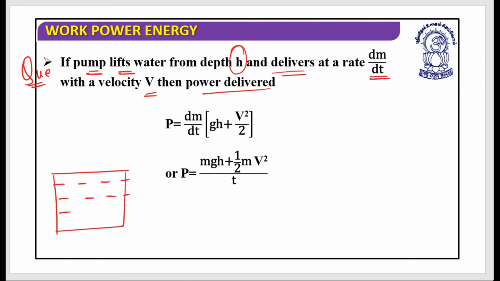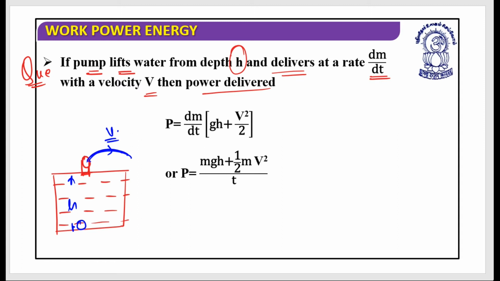This is the water. We have set up a certain power cable, and this is used to bring this water from bottom to edge, and then it is going to deliver it with speed V.